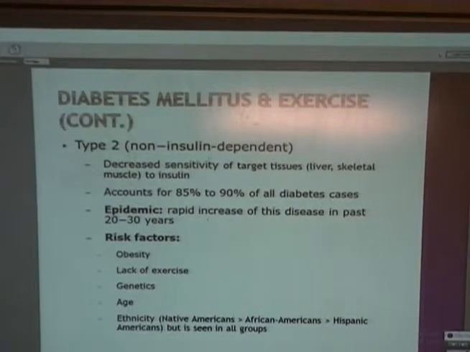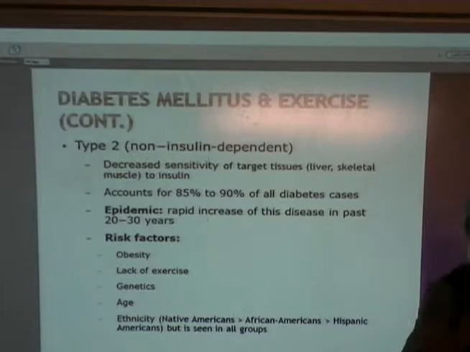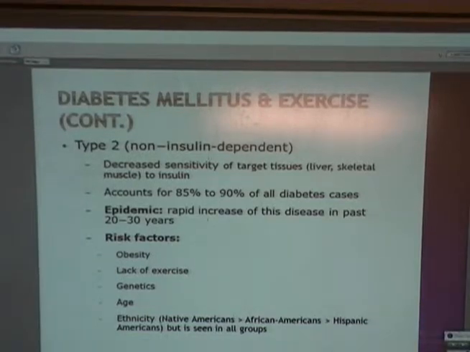If you remember back when we were doing body composition, and we were talking about the difference between pear-shaped and apple-shaped, we said that visceral fat has a higher risk factor associated with it than subcutaneous fat. This is one of the reasons why.